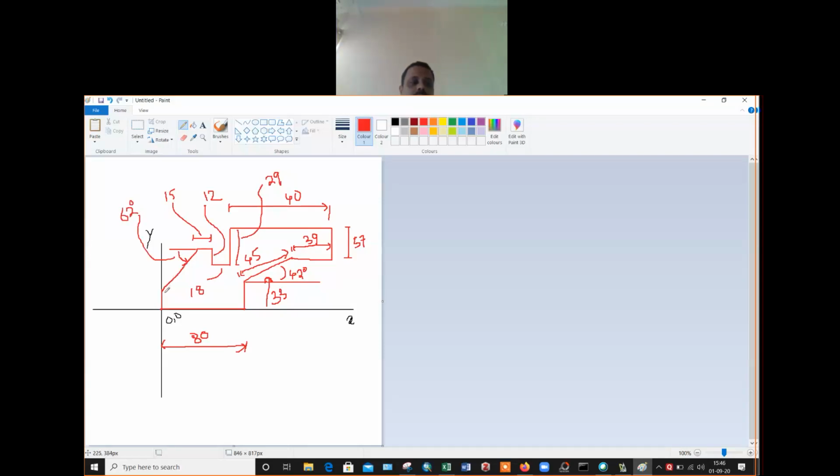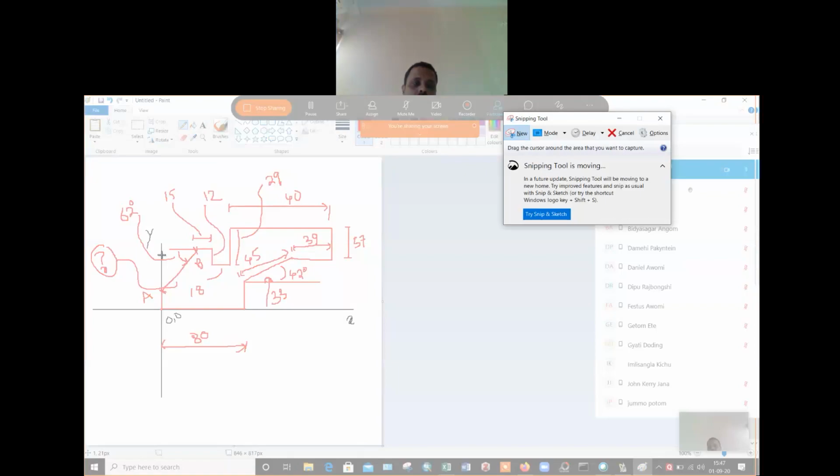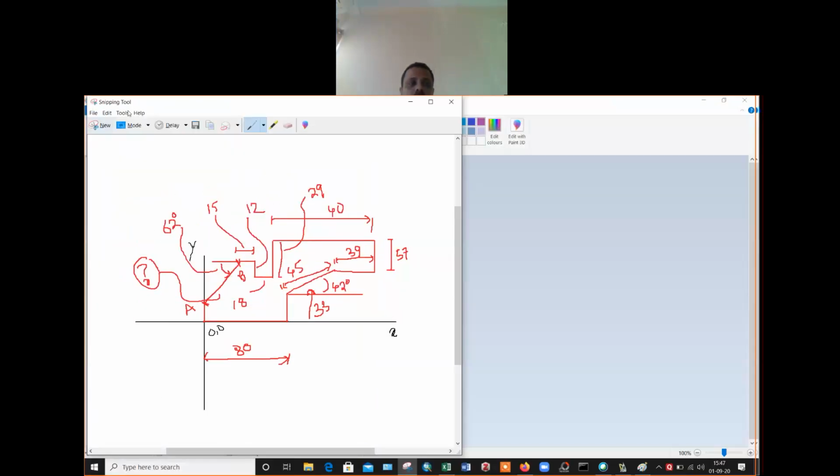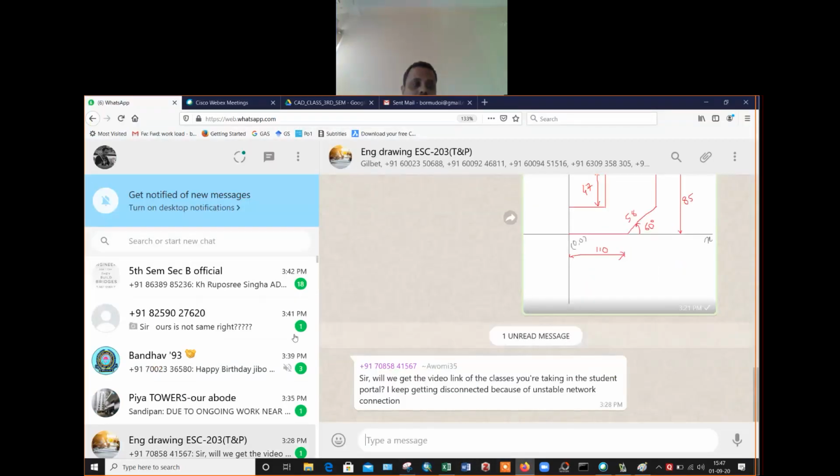Then you need to find out how much is the length from point A to point B. Okay, how much is the length? I will share this thing, and then I need the answer only. Let me go to the chat, WhatsApp group.